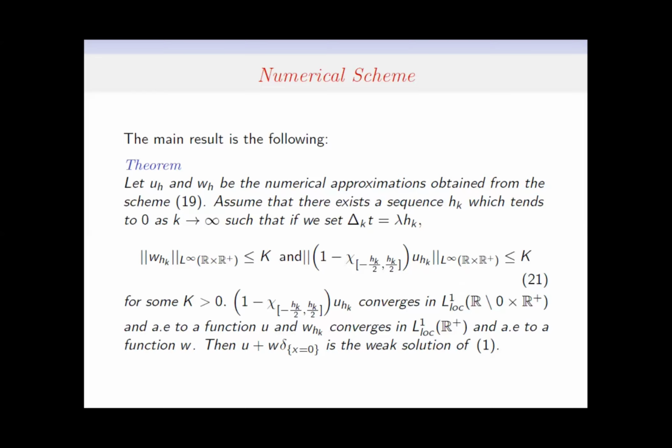Then we conclude that u plus w times the delta shock is the weak solution of 1.